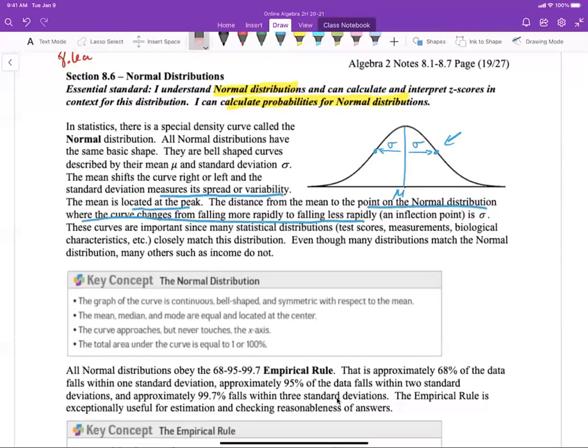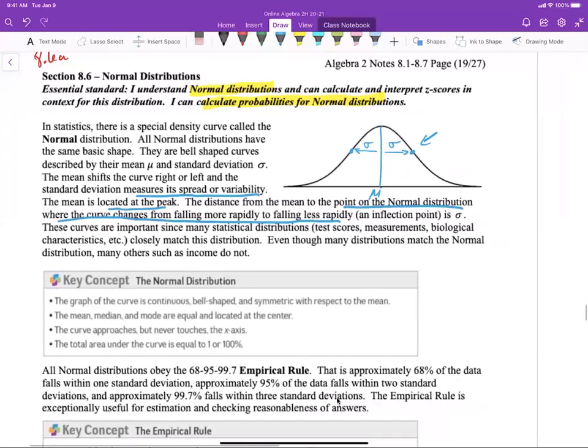These curves are important since many statistical distributions, test scores, for example, measurements, closely match this distribution. Even though many distributions do, some do not, such as income distribution. Income distribution might look something like this, where we have a lot of people that make a little bit of money. We have a few people over here that make a lot of money.